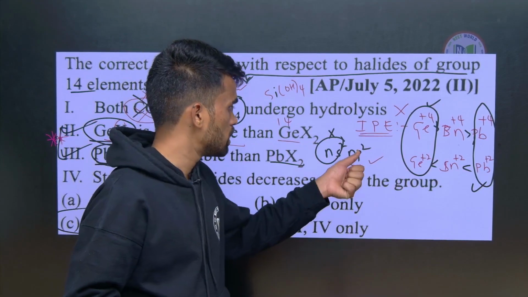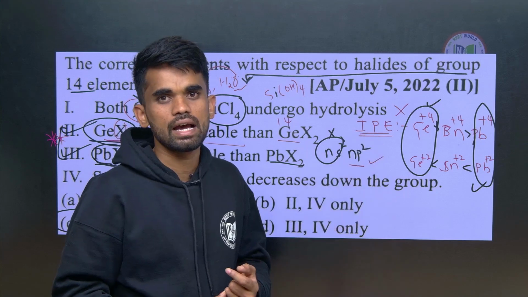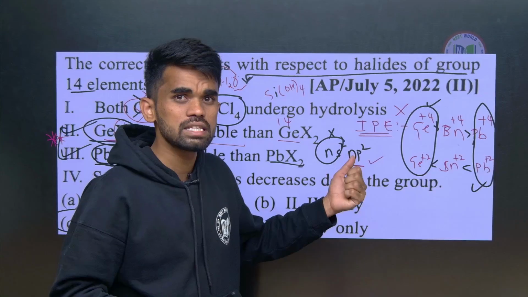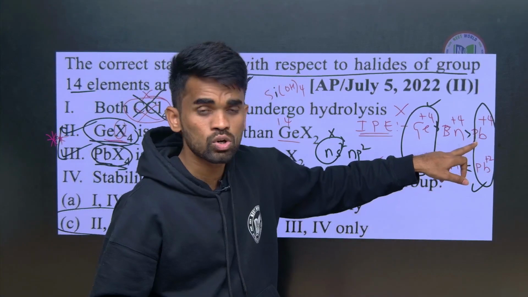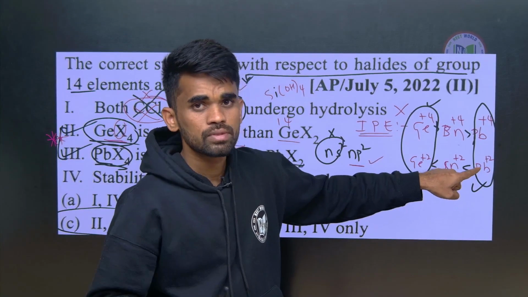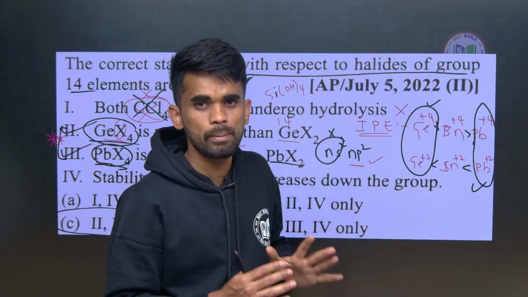That nature increases as we move down the group. So the bottom elements will show only lower oxidation states like +2, +1, but not the maximum oxidation states like +3, +4. I hope it is clear, right?